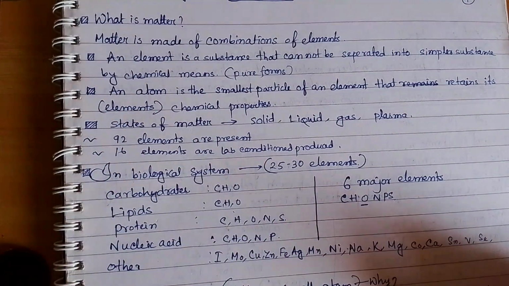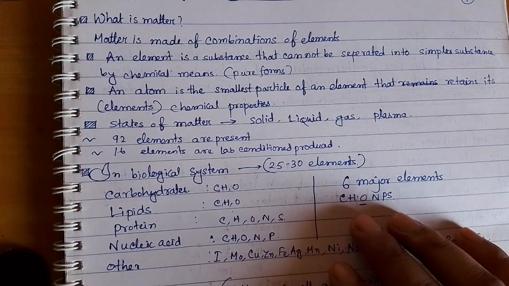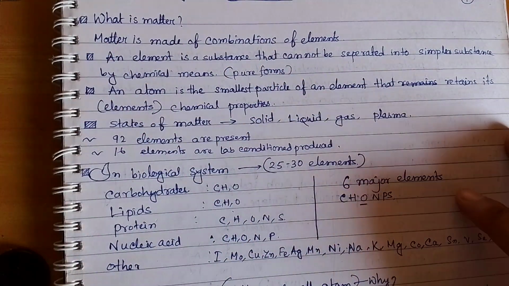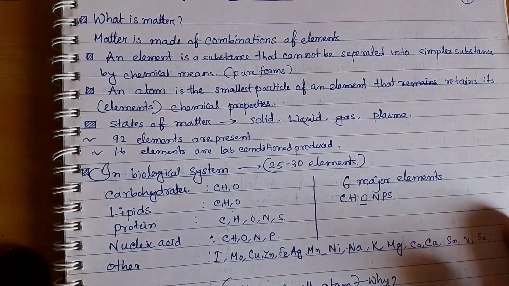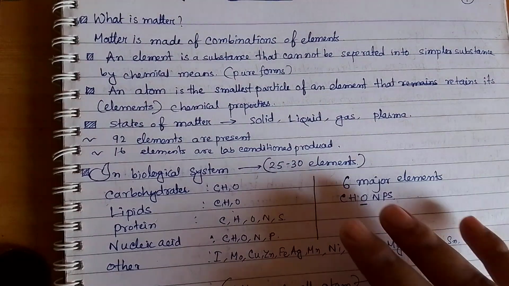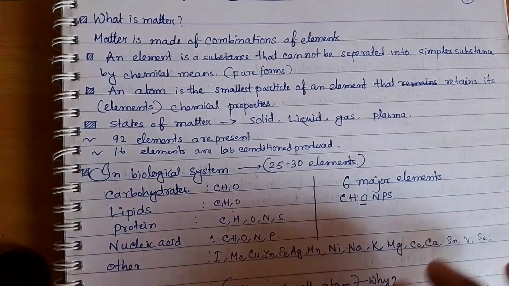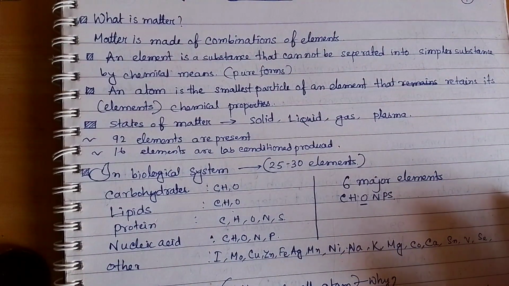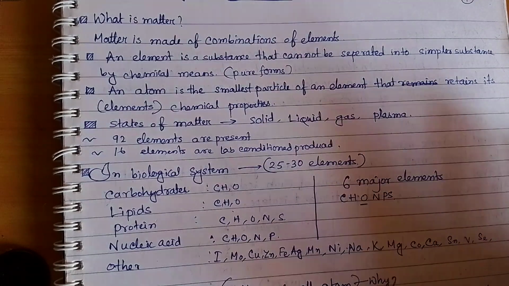The major components are six: carbon, hydrogen, oxygen, nitrogen, phosphorus and sulfur, because these are the different building blocks. You have heard about DNA, RNA and other molecules. Some other elements are not in essential form, but they are necessary in the living body, not only in humans but in all living organisms.